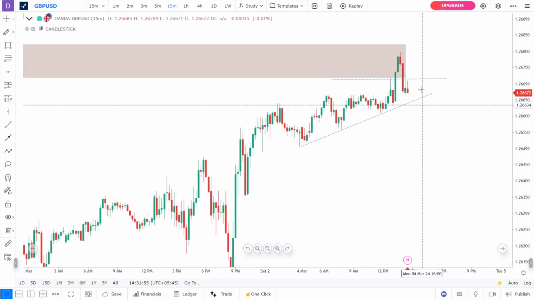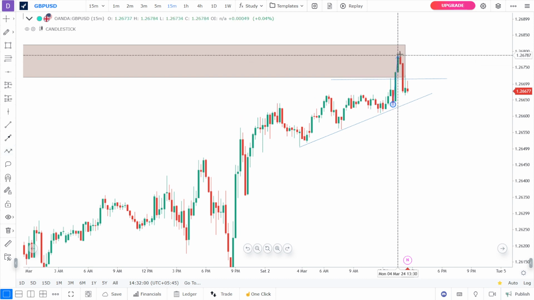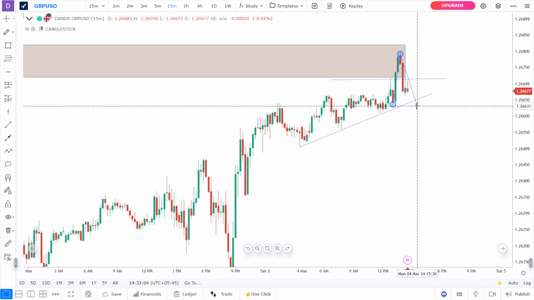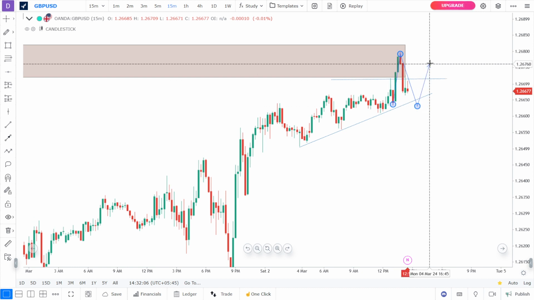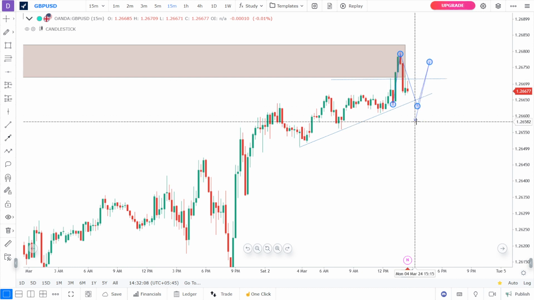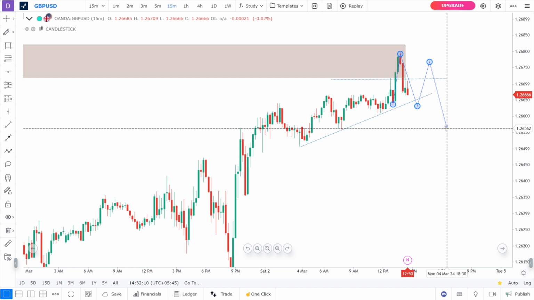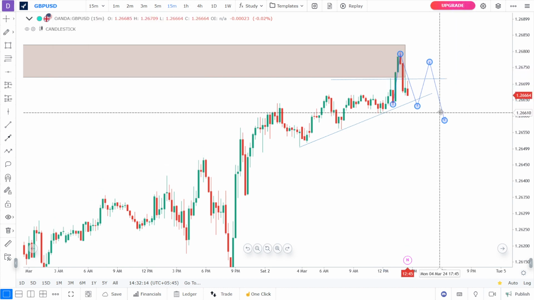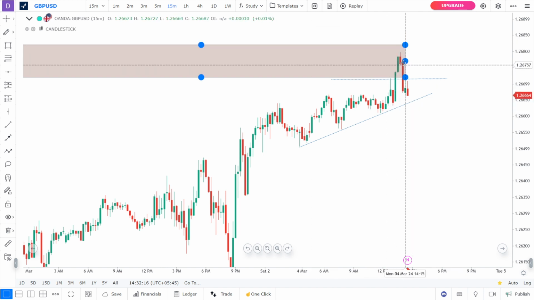Or what we can do is, the price went up, came down, and if the price breaks this low, then goes up again, we can look to target somewhere around here, because we can expect the price will come back down to this one. These are the two things we can do.